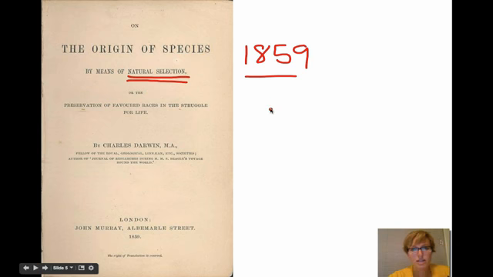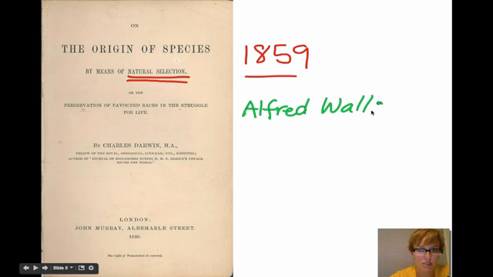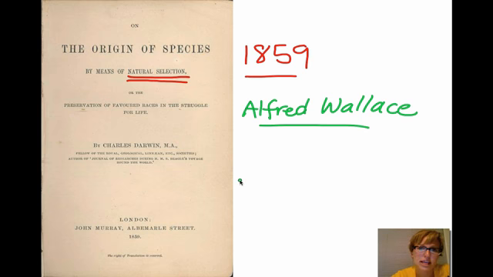Just before he published it, this should be noticed, there was a man named Alfred Russel Wallace, but Wallace, you have to say Wallace in a British accent. And he essentially came up with the same hypothesis of natural selection, and he just had less collected evidence supporting the selection, so the scientific community published Darwin's book over his.